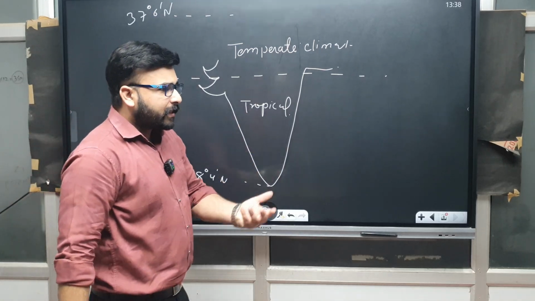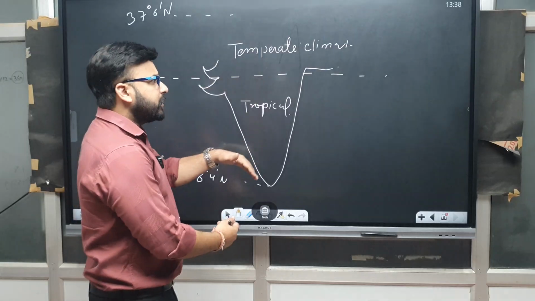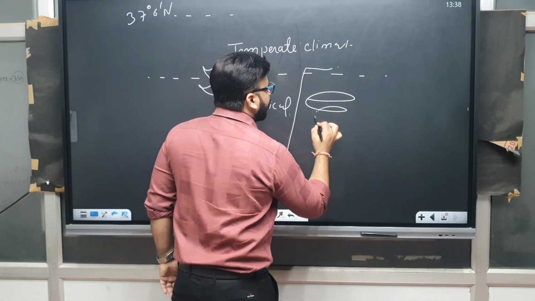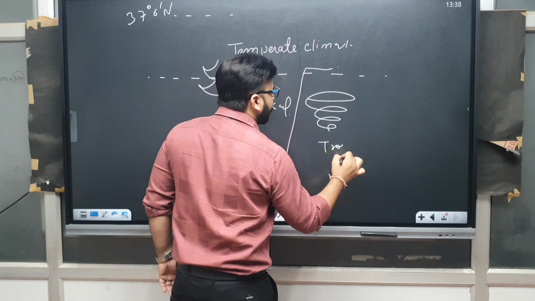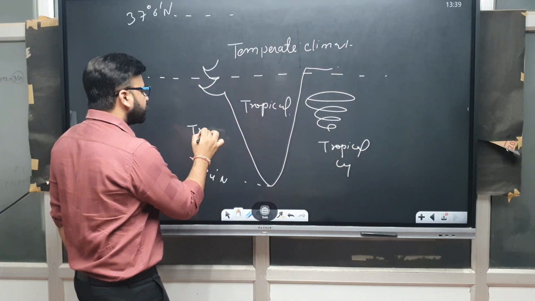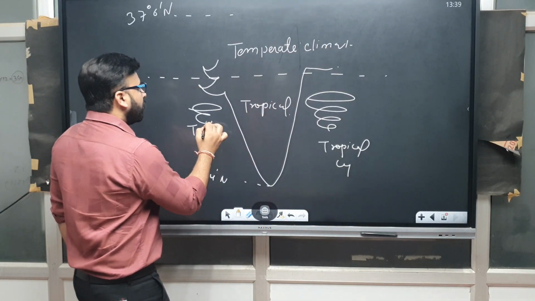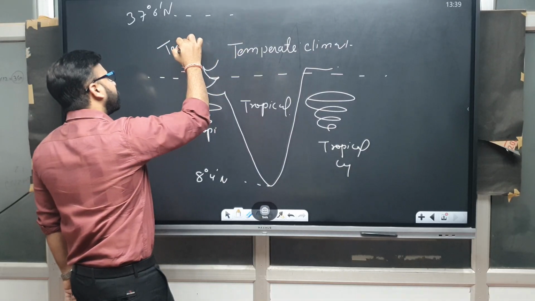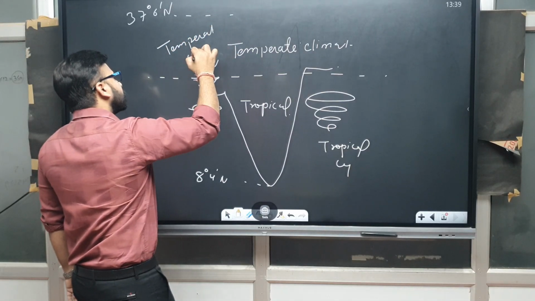And according to the latitudinal distribution, South India is highly affected by tropical cyclones, but in North India, there are temperate cyclones.